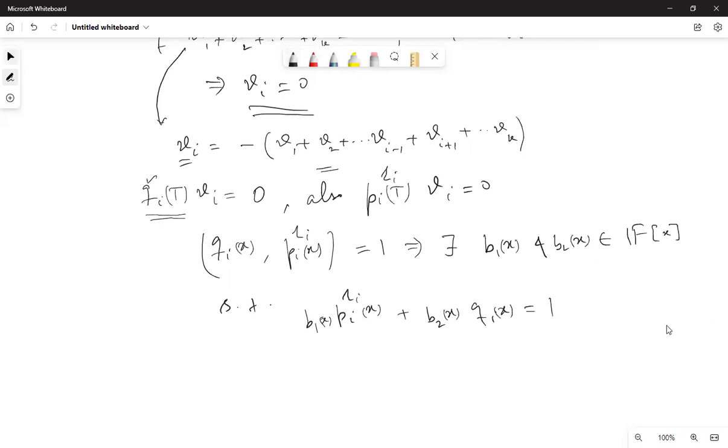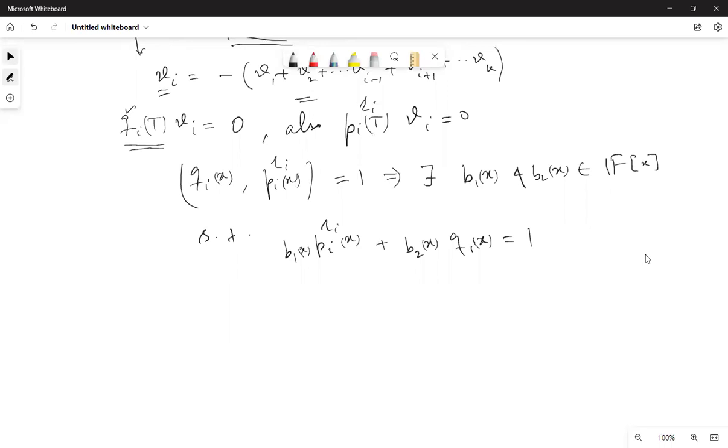But then what happens if you apply this on Vi? This is Vi because this is the identity operator. So identity takes Vi to Vi.